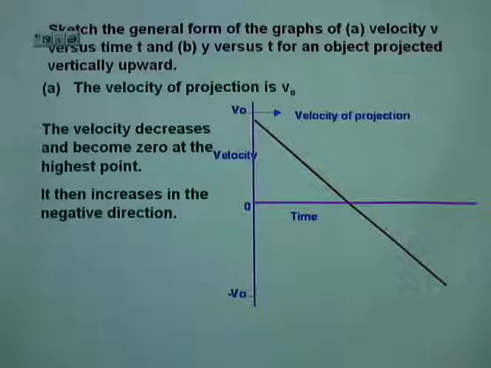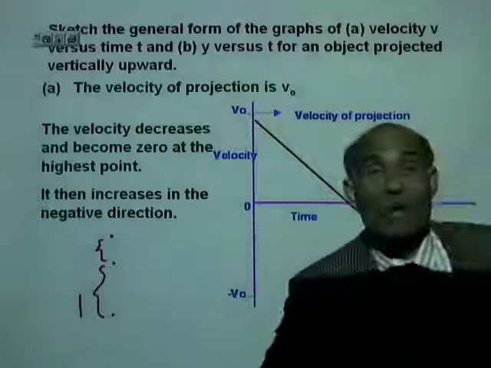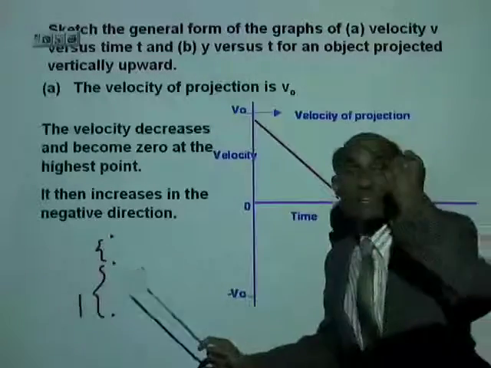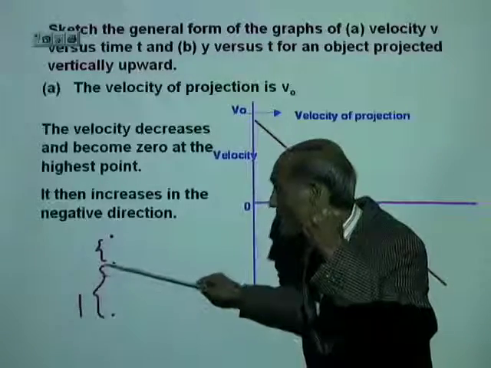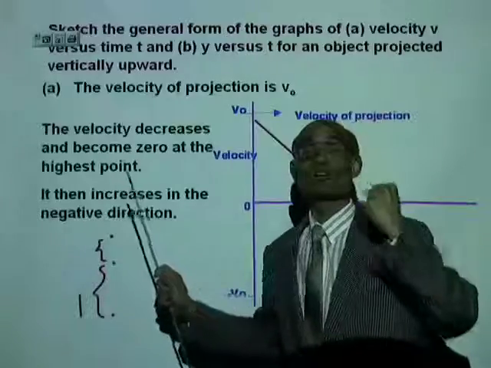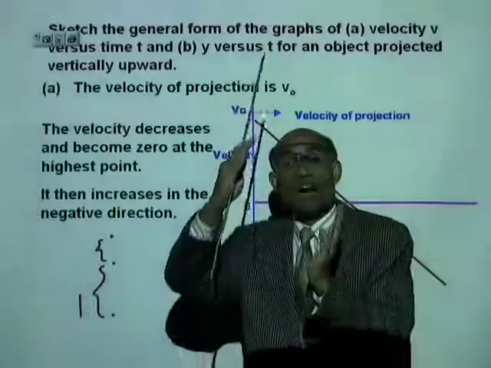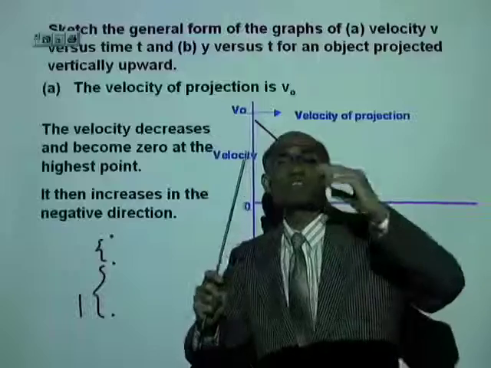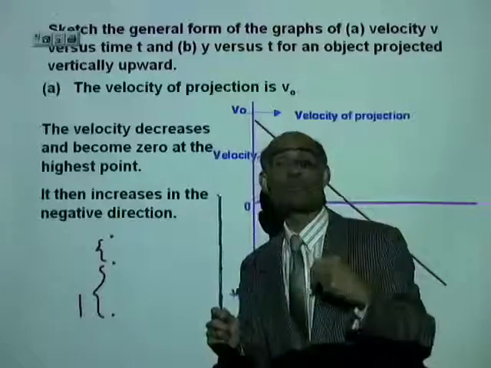You see, if the position changes by this much in the first second, in the second second the position will change only by a smaller amount, because as the ball keeps going up, its speed is reducing. That means each second the position changes by a smaller and smaller quantity. That means as time increases, the distance covered becomes smaller and smaller.